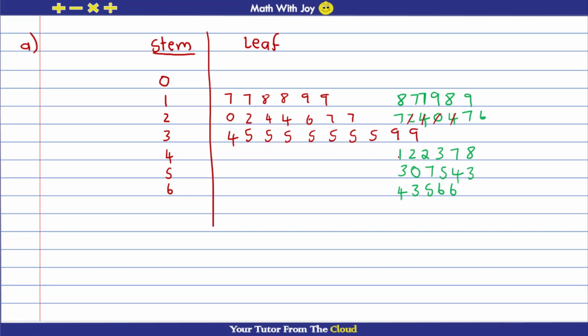Then it was 1, 2, 2, 3, 7, 8, and I have a 0, 3, 4, 3, 3, a 0, 3, 3. Then we go 4, 5, 4, 5, 7, and then we have a 3, 4, 5, 6, 6. And that's how you do a stem and leaf.